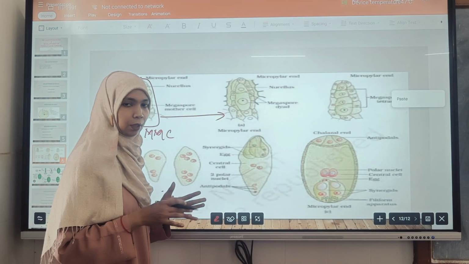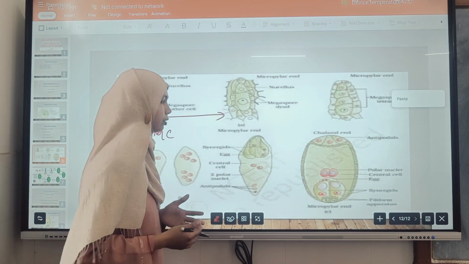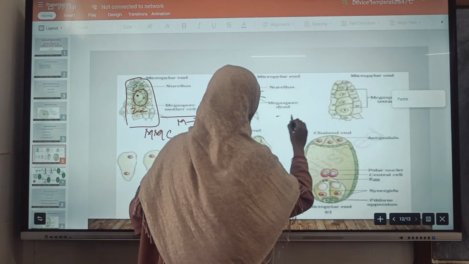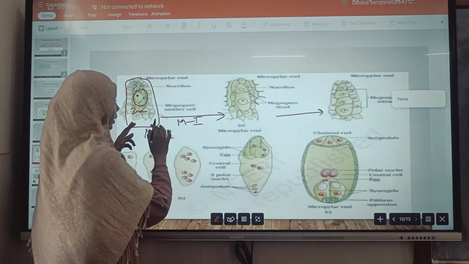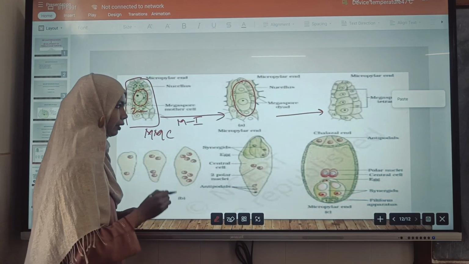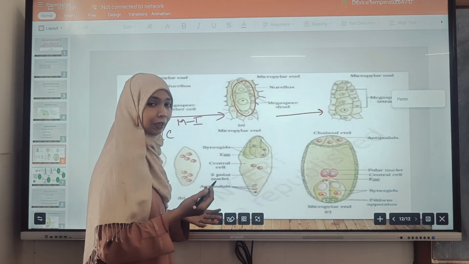You already know that meiosis takes place in two stages: first is called meiosis I and then meiosis II. So first, this megaspore mother cell undergoes the first meiotic division and gives rise to a megaspore dyad.